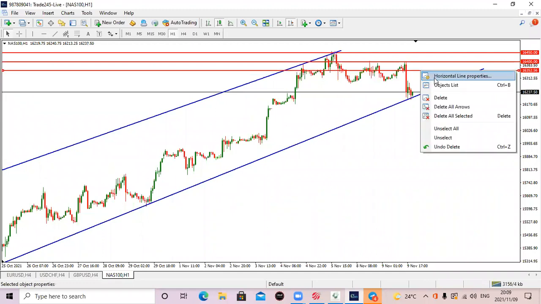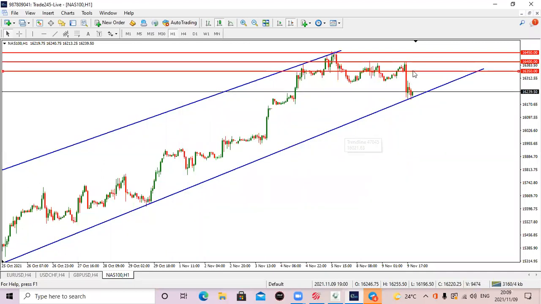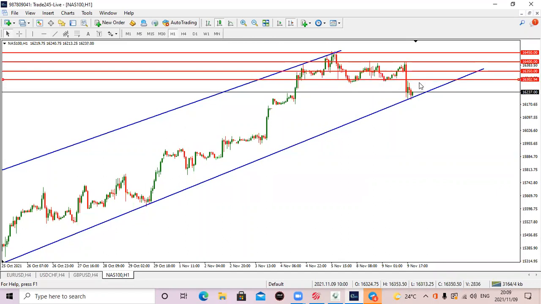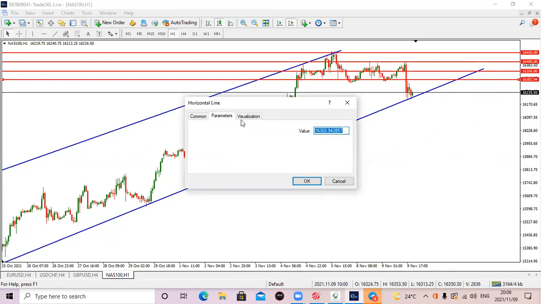I hope you guys are paying attention to how I'm marking my liquidity prices, because a lot of people are asking me how I'm doing it. I'm using horizontal lines, and then I go to horizontal line properties, then to parameters. There's common parameters, visualizations, and then parameters.